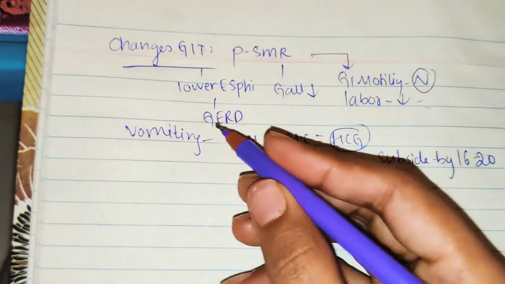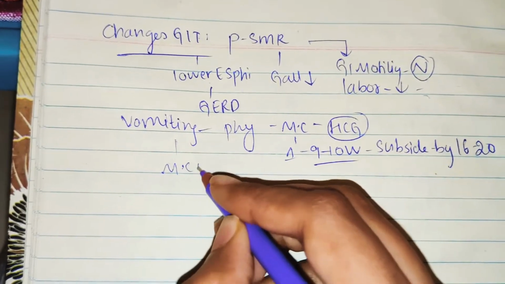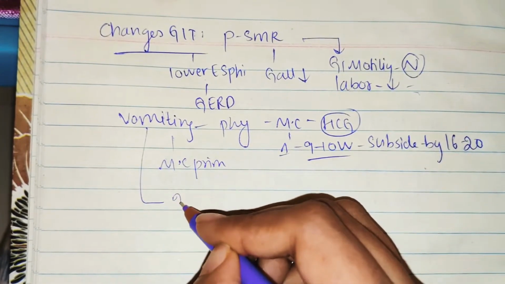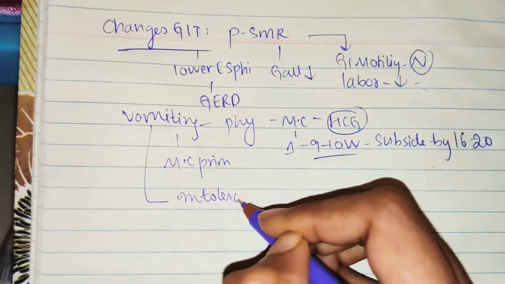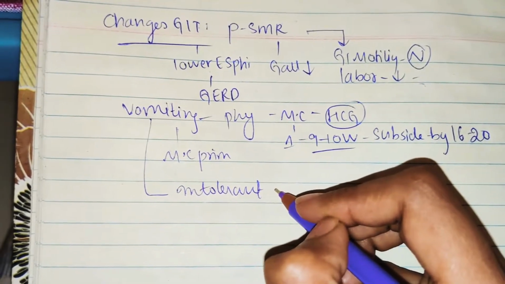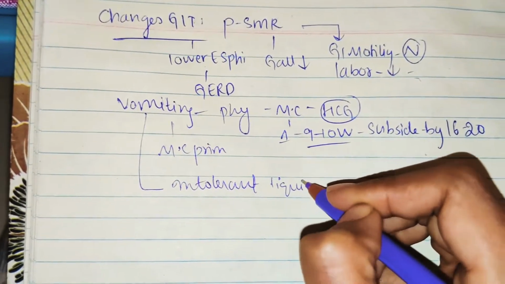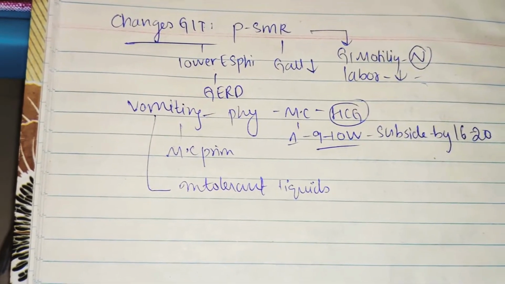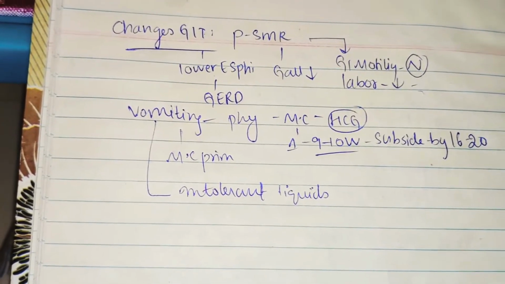This type of vomiting is also most common in a primary pregnancy compared with following pregnancies. It is intolerant to liquids, so a female with this problem should take more solids than liquids, because liquids will increase the vomiting. And for this, no hospital admission is needed.